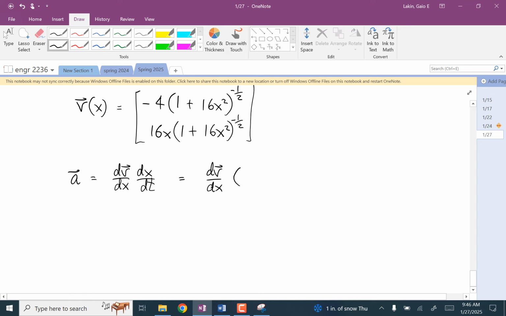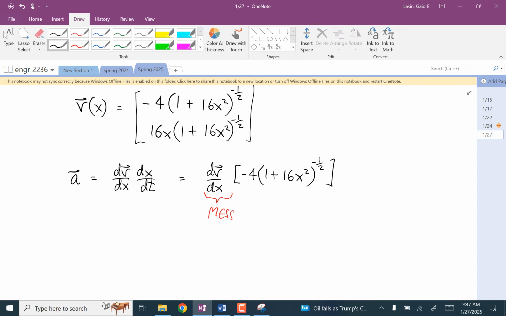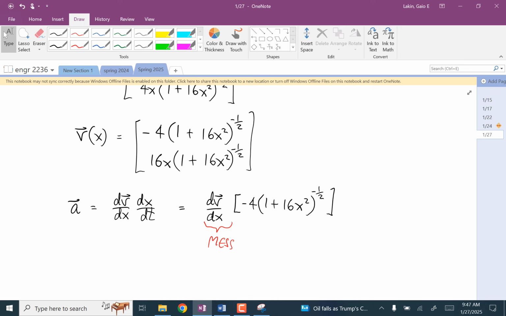So we're multiplying it by, let me give that a bracket, negative 4 times the quantity 1 plus 4x squared to the power negative 1/2. This thing is a mess. It always is. But it wouldn't be so horrible to do that, you know.